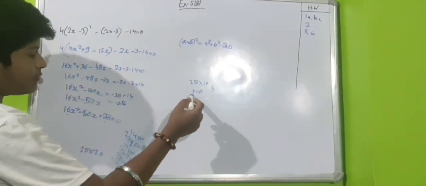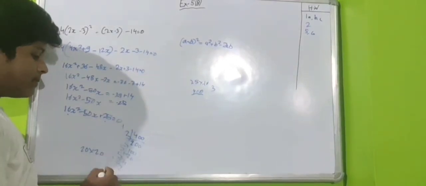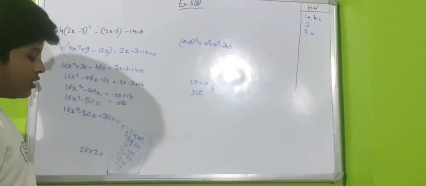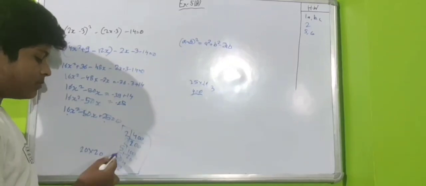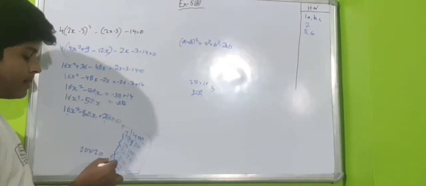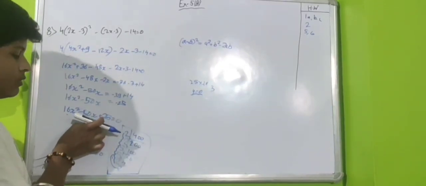20 we will get 400, and on taking the LCM and calculating this, I came to the conclusion that 10 and 40 will be the roots of minus 50x.